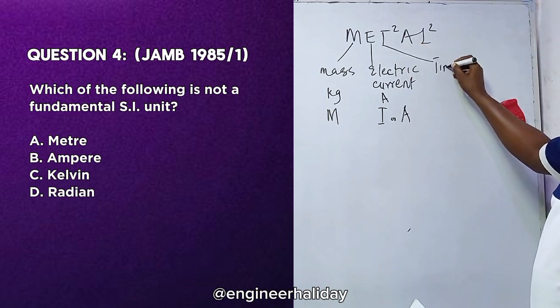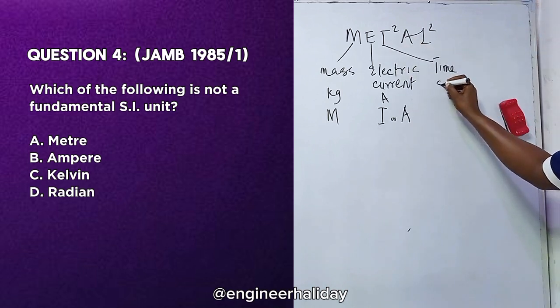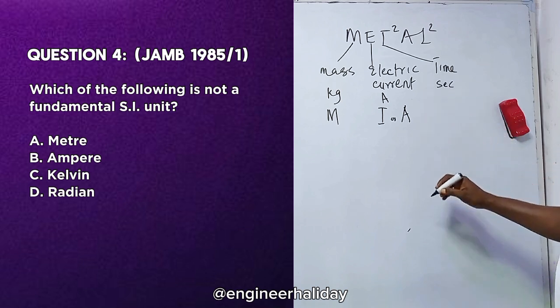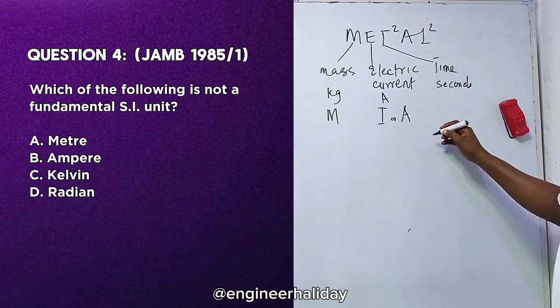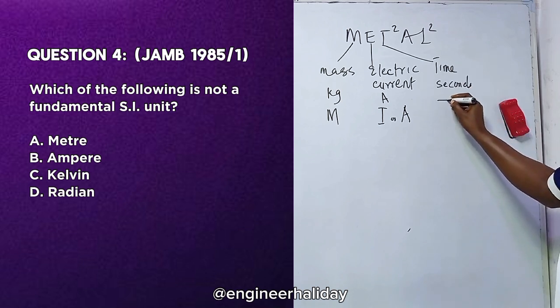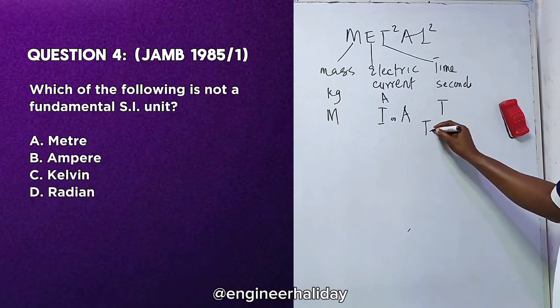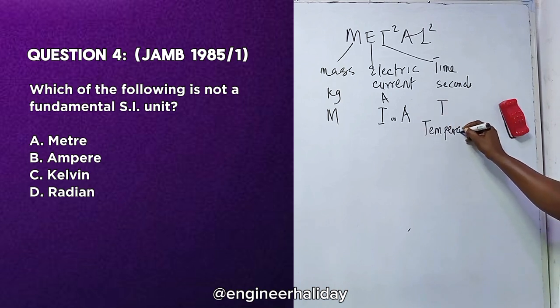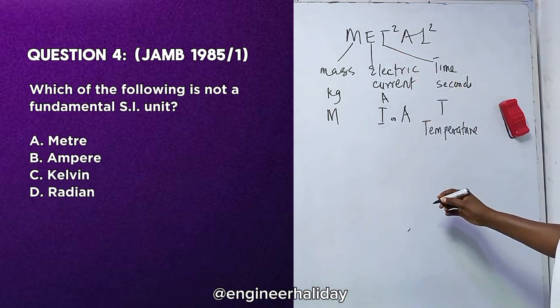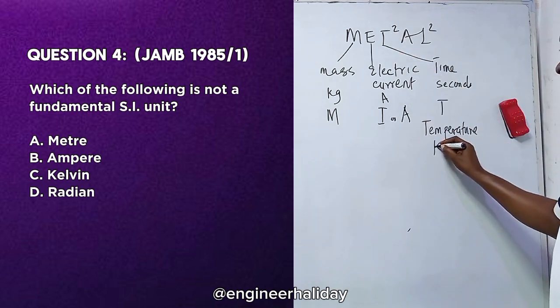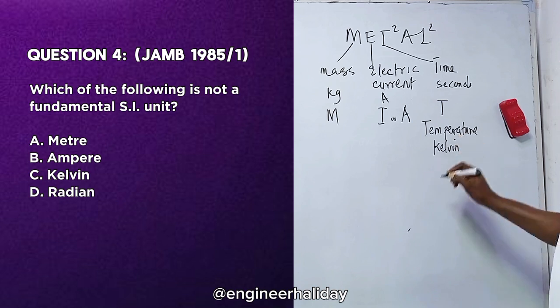Then we have what they call the time. Time is measured in seconds, and it also has a dimension of capital letter T. We have another one, temperature. It's measured in Kelvin fundamentally.